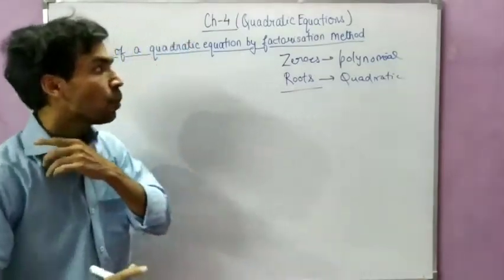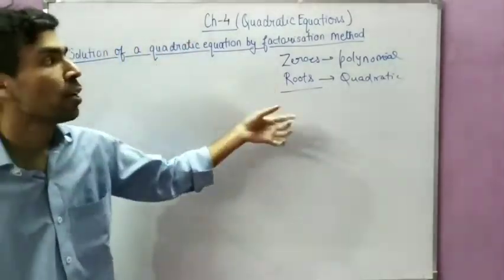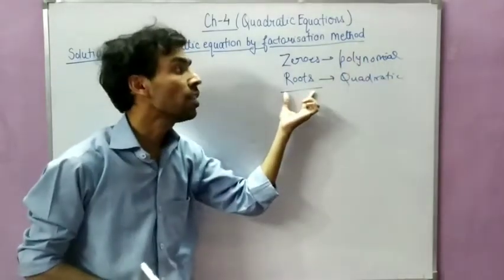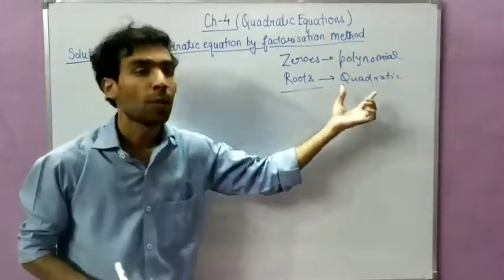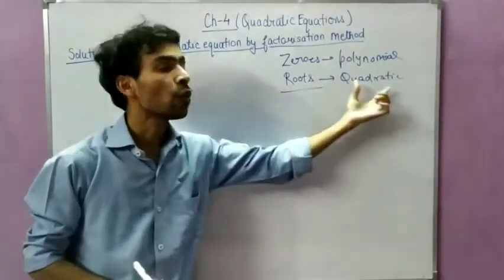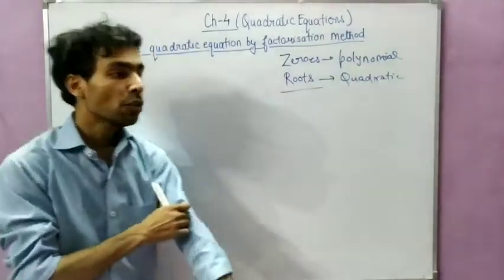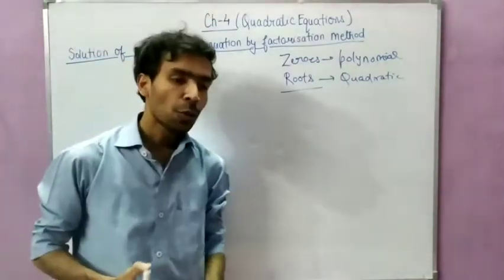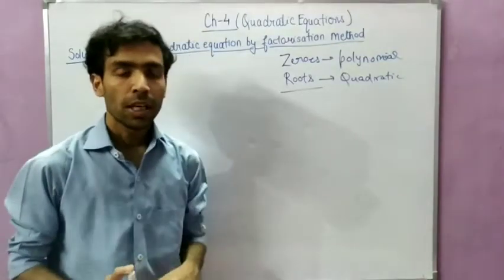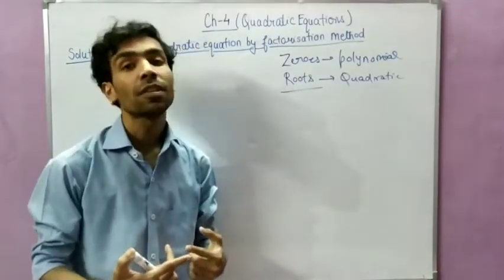Okay, so I hope you have understood about zeros and roots. The word zeros is used in polynomial and the word roots is used in equation. Because we are studying quadratic equation, that's why we will use the word roots in quadratic equations. Now students, as you know, in a linear polynomial, how many zeros were there? 1 zero. In a quadratic polynomial, how many zeros were there? 2.